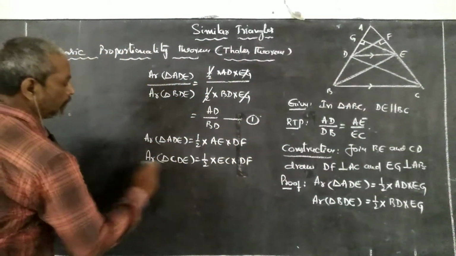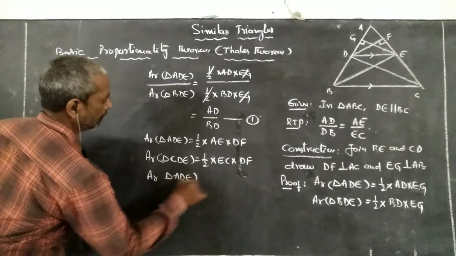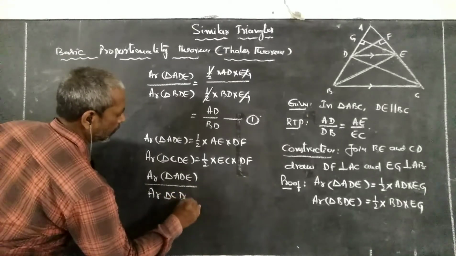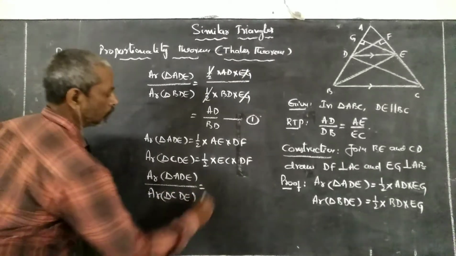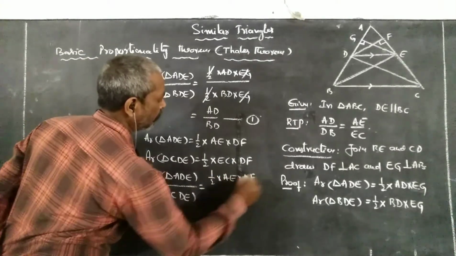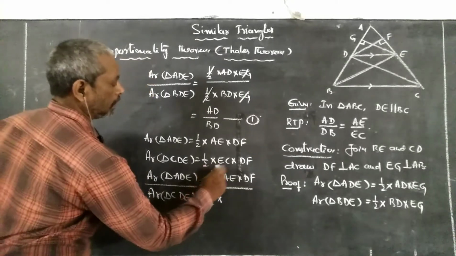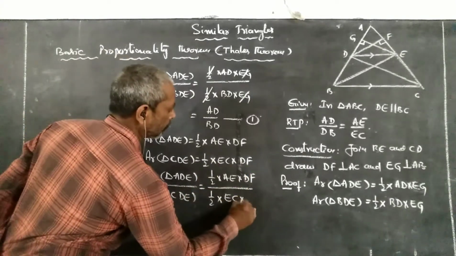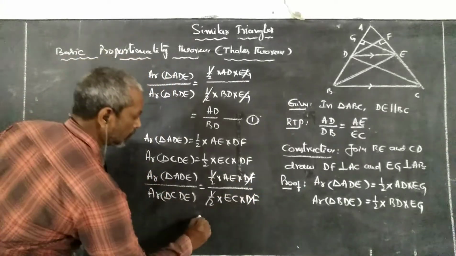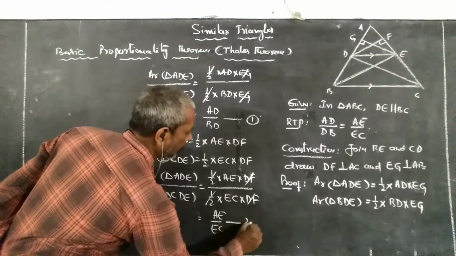Now find the ratio between these two areas. Area of triangle ADE by area of triangle CDE is equal to half AE into DF by half EC into DF. Half cancels, DF cancels, AE by EC. Let it be equation 2.